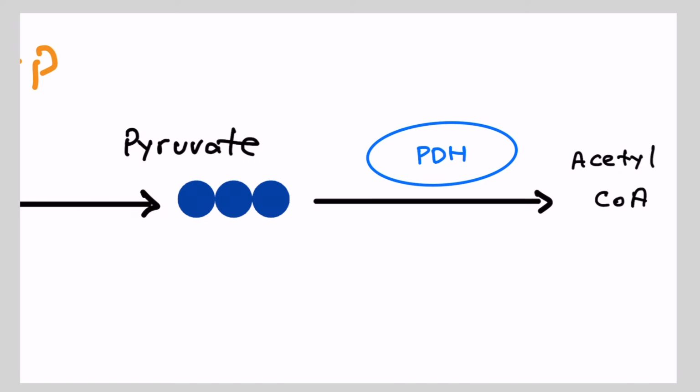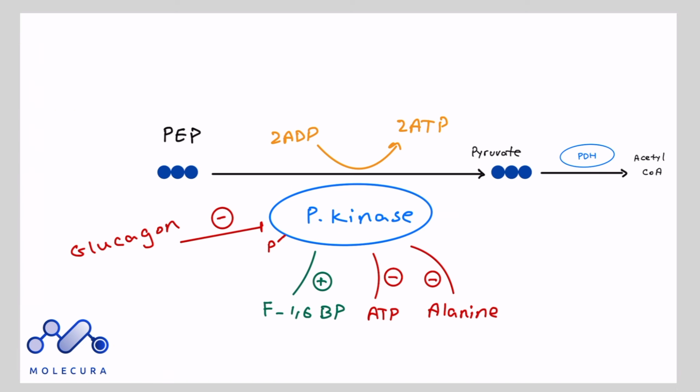When acetyl coenzyme A is made enough, it's going to tell pyruvate kinase, please stop making more pyruvate, because we already have enough acetyl coenzyme A. So acetyl coenzyme A, in turn, can come here and stop pyruvate kinase from making more pyruvate. So acetyl coenzyme A is also here working to inhibit pyruvate kinase.